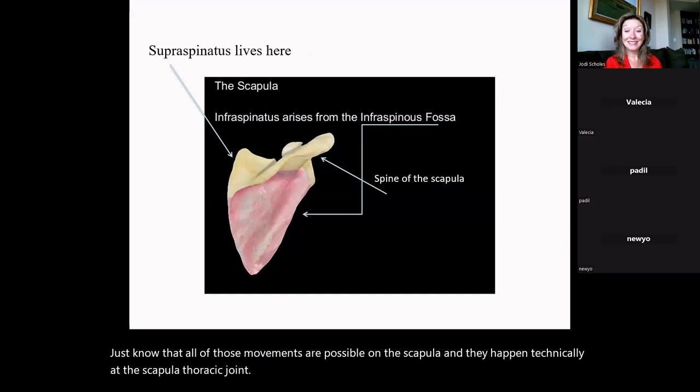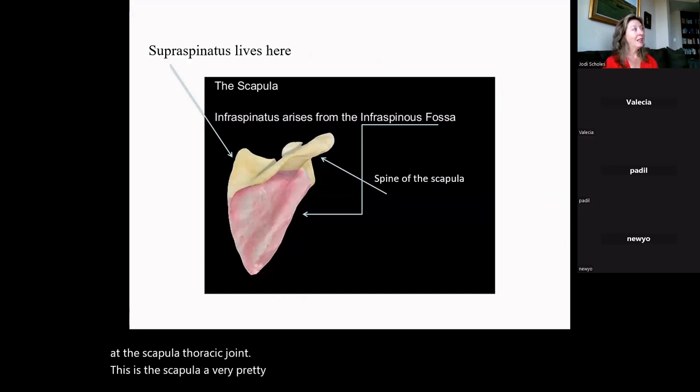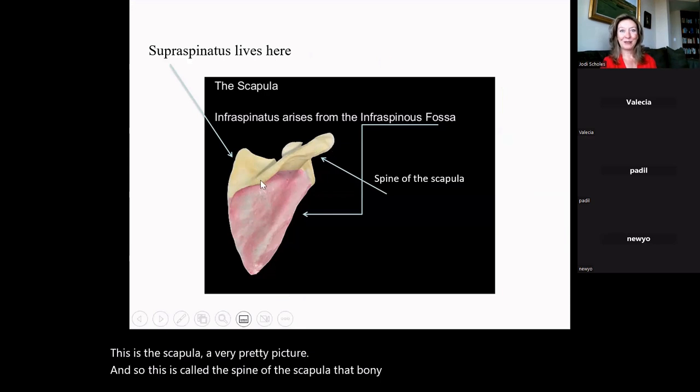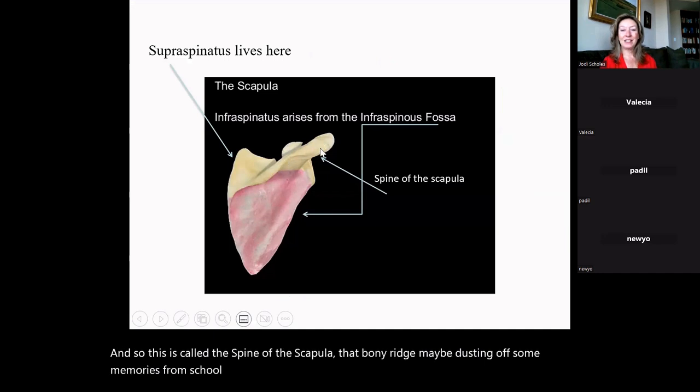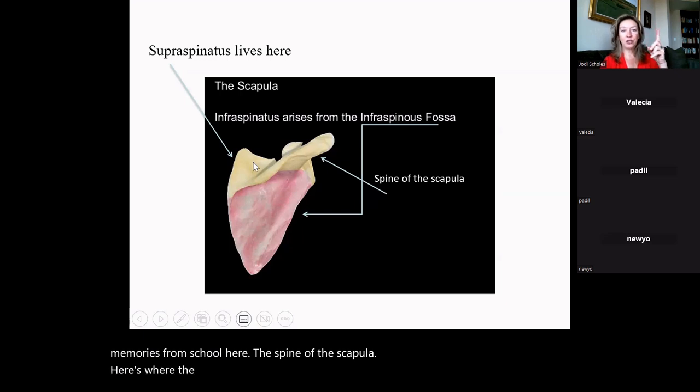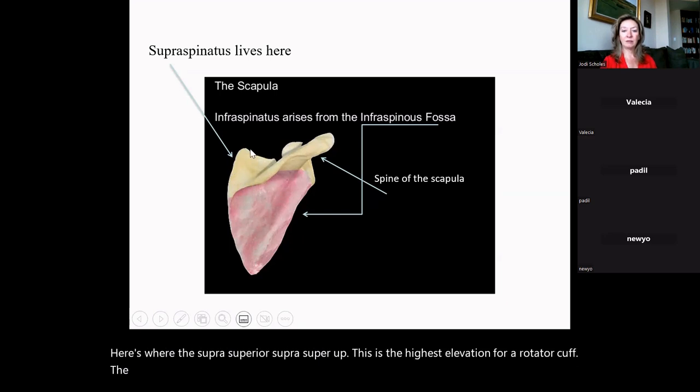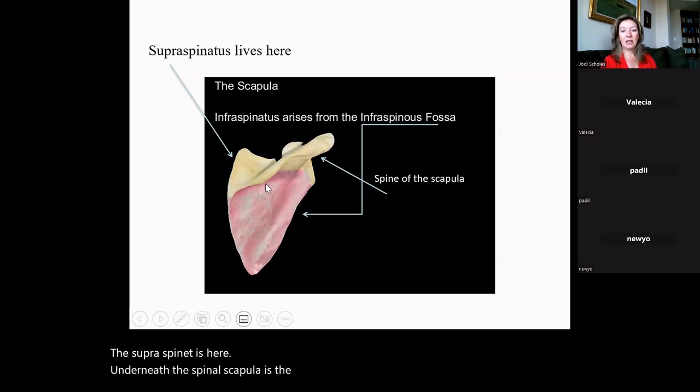This is the scapula, a very pretty picture. So this is called the spine of the scapula, that bony ridge. Maybe dusting off some memories from school here. The spine of the scapula. Here's where the supraspinatus sits, the highest elevation for a rotator cuff. Underneath the spine of the scapula is the infraspinatus, and it sits in the infraspinatus fossa.